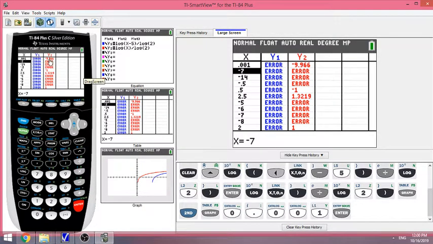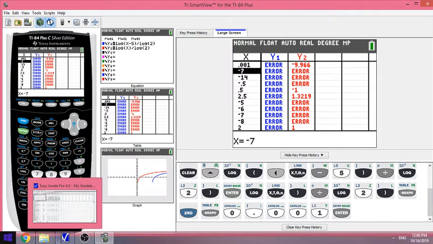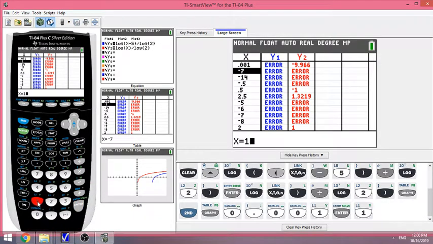But for the parent graph, it's getting close to negative 9.966. So let's put in 1 and see what happens. For 1, we end up with 0 for y2, and for y1 it's just an error, again because of the boundary restriction.